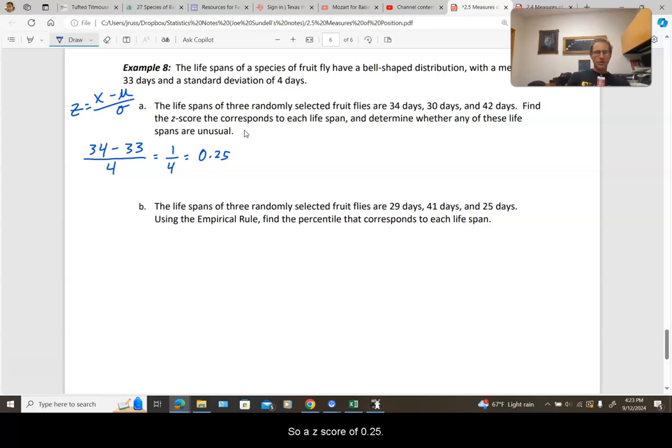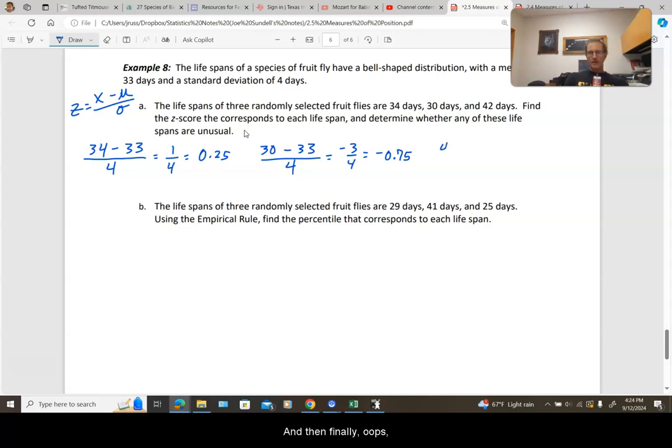So a z-score of 0.25, so this is a little bit above average. And then for the lifespan of 30 days, it would be 30 minus the mean divided by the standard deviation, and this would be negative 3/4, which is negative 0.75. So this particular fruit fly didn't quite make it to the average lifespan.